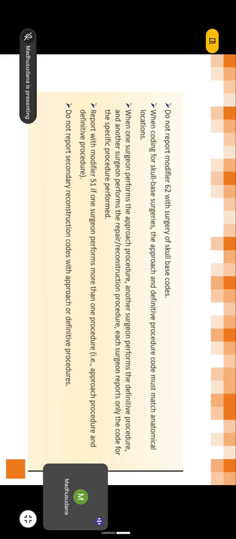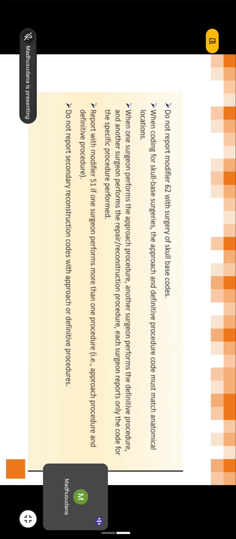And when one surgeon performs the approach procedure, another surgeon performs the definitive procedure, and another surgeon performs a repair and reconstruction, each surgeon reports only the code for the specific procedure performed without any 62 modifier. Okay, three procedures done by three different doctors: you can report three different procedures, CPT codes, without any 62 modifier.